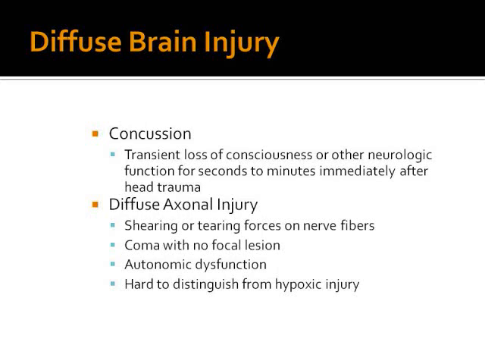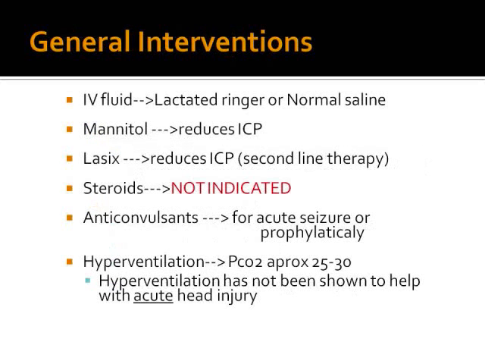General interventions: IV fluids are important, but in moderation, because we don't want to increase cerebral edema. In some cases we give mannitol, which helps to reduce intracranial pressure. Give Lasix, which also reduces intracranial pressure, as second-line therapy.